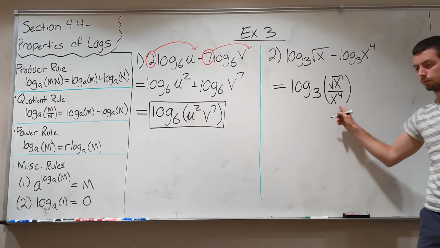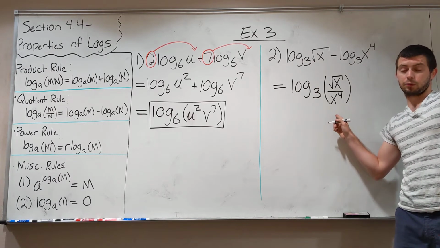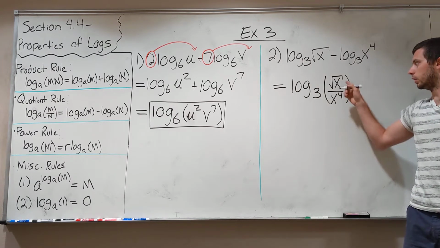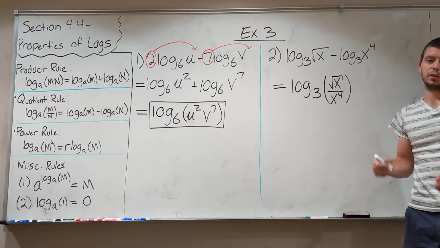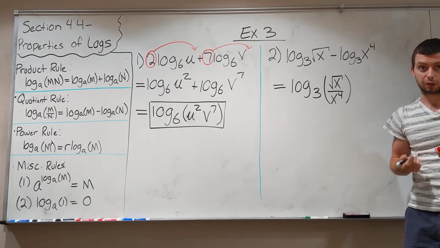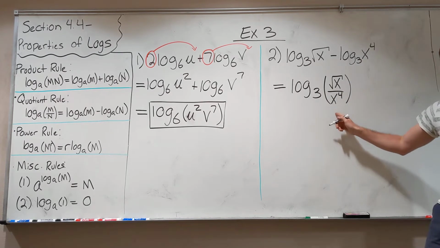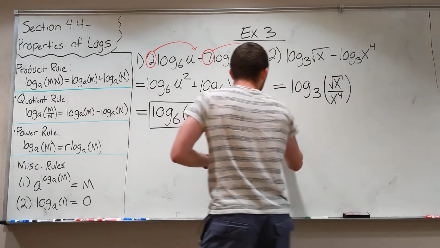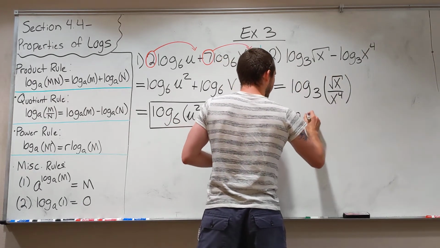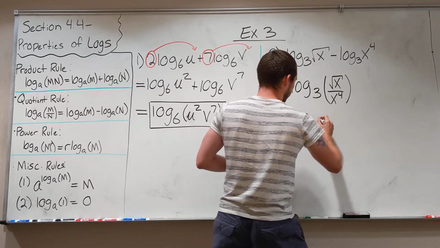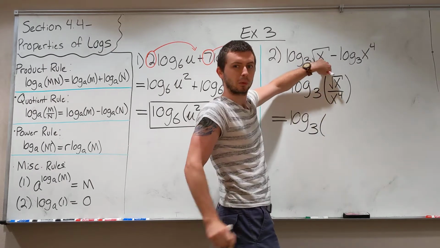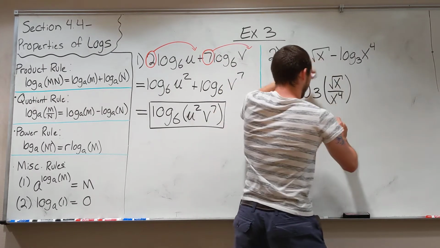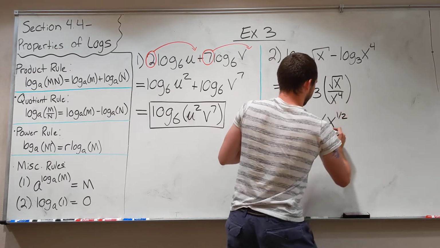Well, it turns out we can simplify this fraction. These are 2 x values, and we can use properties of exponents to simplify this further. It may be kind of hard to see the evaluation in question, but remember, the square root of x is the same thing as x to the 1/2.